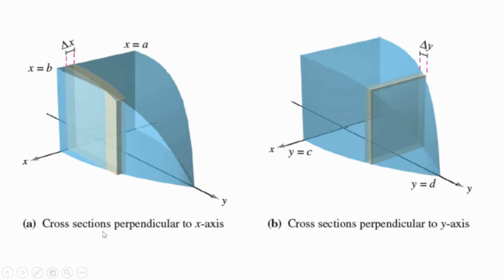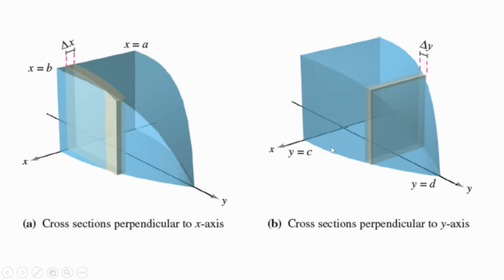Anytime we cut a cross section perpendicular to the x-axis, we get, in this case, it looks to me like a square. But this square could be different than the next square and the next square because this function is curving.